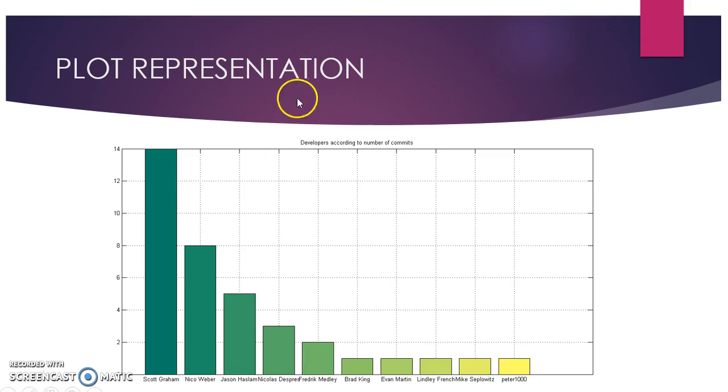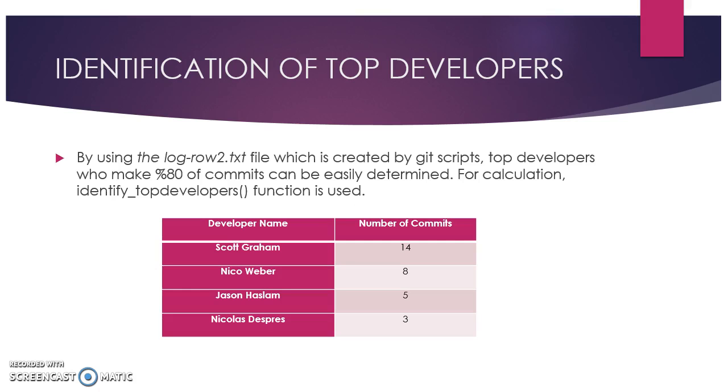In our plot representation, after implementing it in MATLAB, we have, as I said, 10 developers. Scott has the highest number of commits, which is 14. Nico has 8, and as you see the rest. And the last, Brad, Evan, Lindley, Mike, and Peter, have 1 commit each.